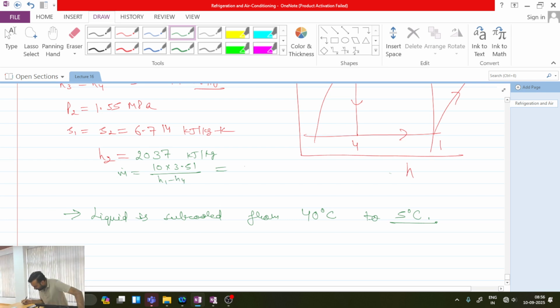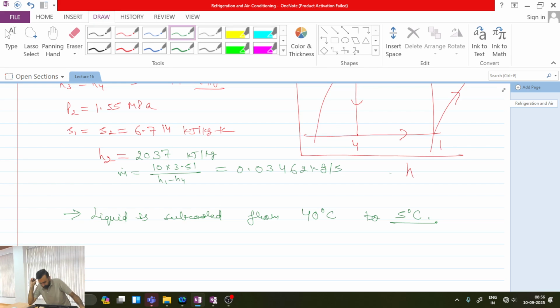If you calculate this, how much should it be? 0.064. 0.3462 kilogram per second, yes.